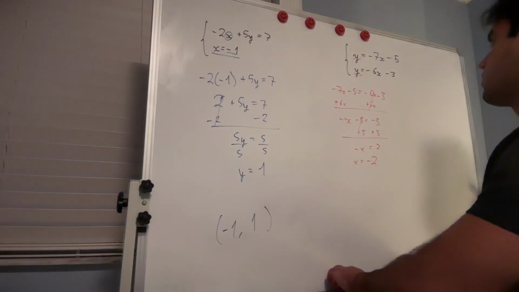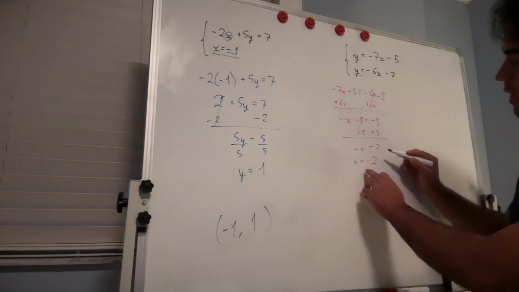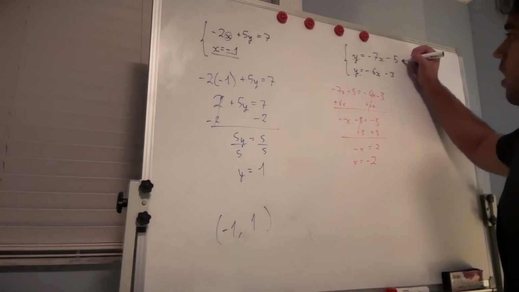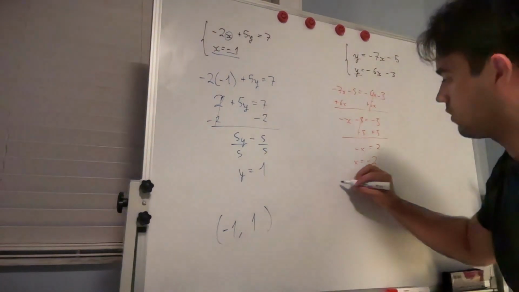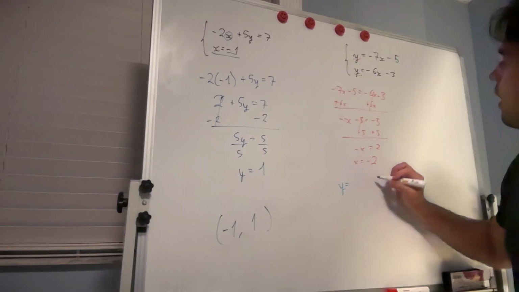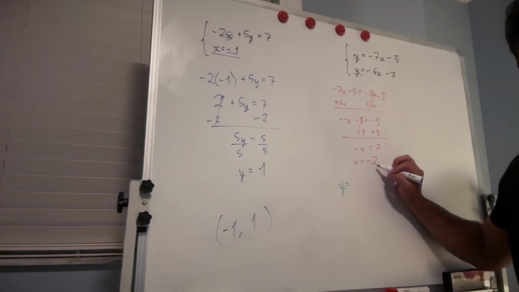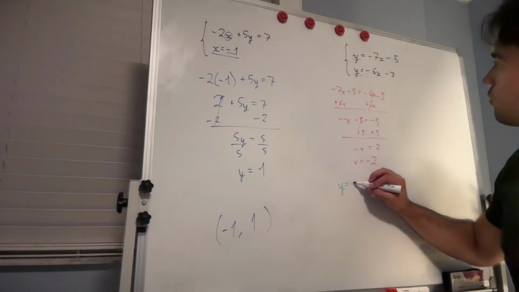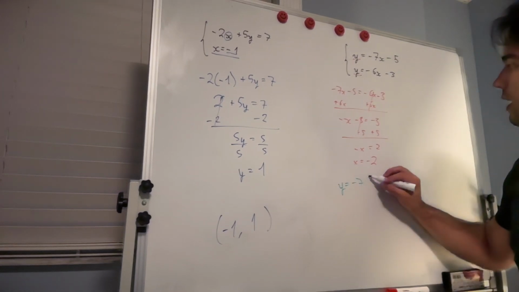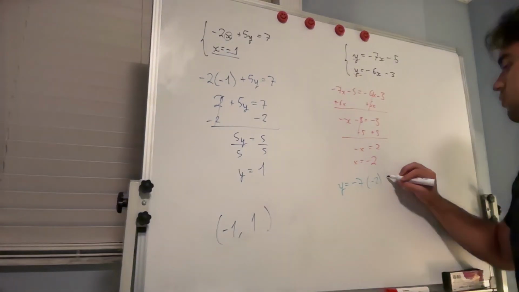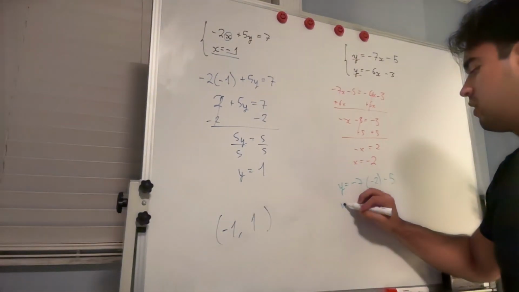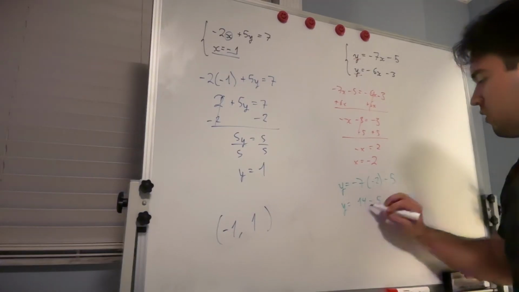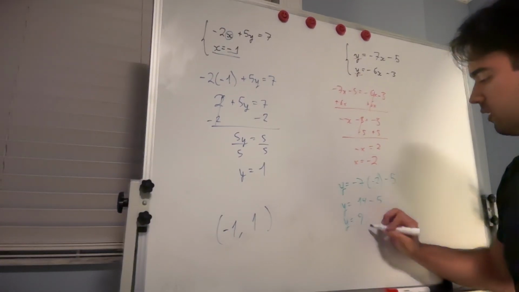And if I wanted to solve for y, I can just take either equation. In this case, I'll take the top one, but you could take the bottom one too. I'm going to plug in my found x value here into x. So instead of y equals -7x, I'm going to put y equals -7 times -2, and then minus 5, which means that y equals 14 minus 5, or y equals 9.